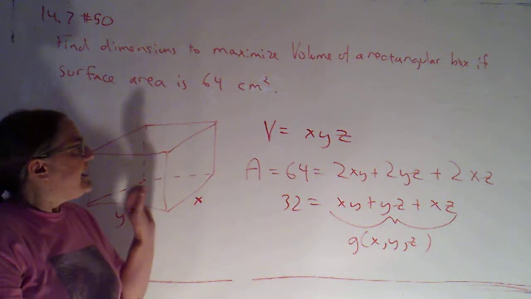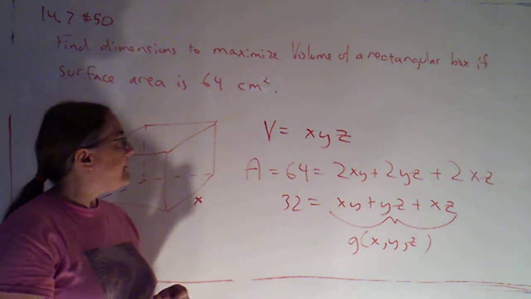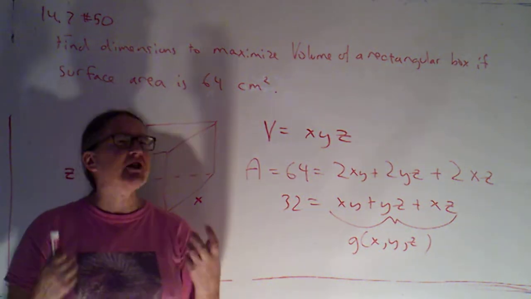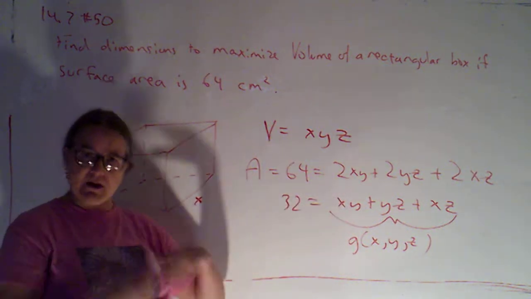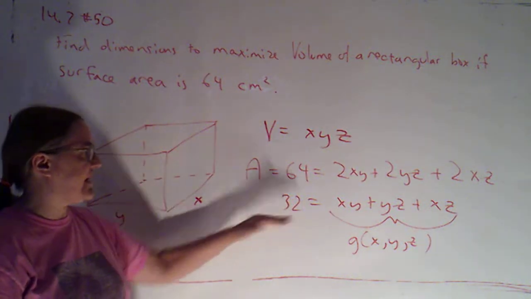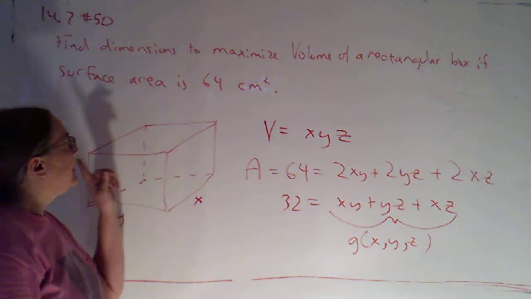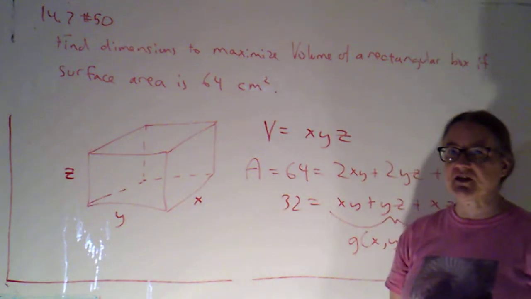Okay. There is one interesting twist to this problem, though, because there's another restriction I have on the domain. The constraint always puts a restriction on the domain. I can only plug in values for x, y, and z that make this equation true. But this is an application problem. X, y, and z are dimensions.